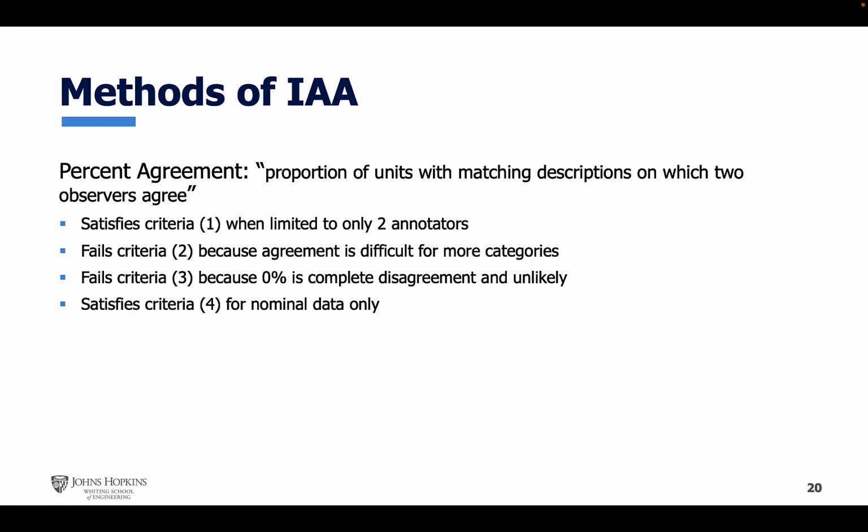The 0% endpoint of the 0 to 100% range is unlikely to ever be observed; it asymptotically approaches that. So you end up without a clear idea of what bad percent agreement is. When you get 50%, is that good? Is that bad? We don't know what that endpoint is. And it does satisfy criteria 4, maintaining the mathematical structure across data, for nominal data only. So it doesn't have the same consistent mathematical structure for other types of data.